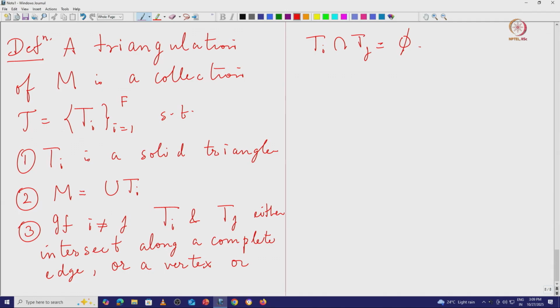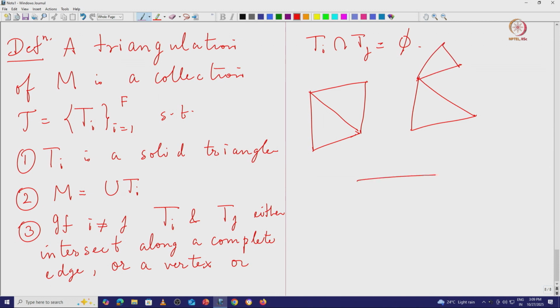So for instance, you can have things like this, or you can have things like this, but not things like this. So this is not allowed, or of course they may not intersect at all, that is fine too.